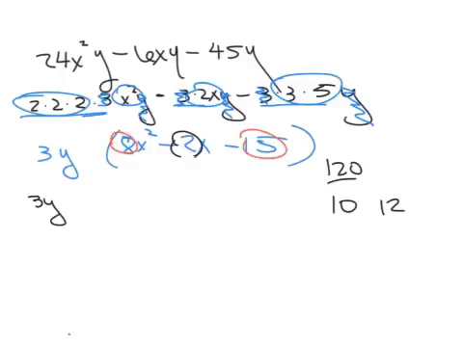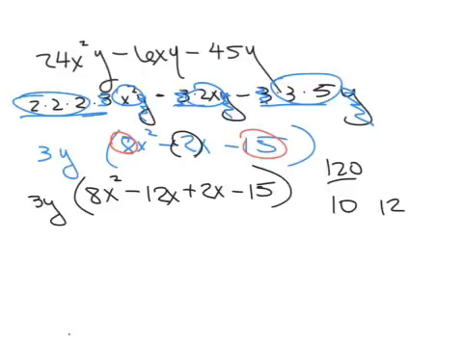So 3y, 8x squared minus 12x plus 10x minus 15. So, oops, I'm sorry, that's not a 2x, that's a 10x. So notice what I've got here.